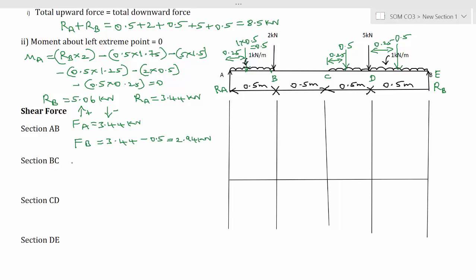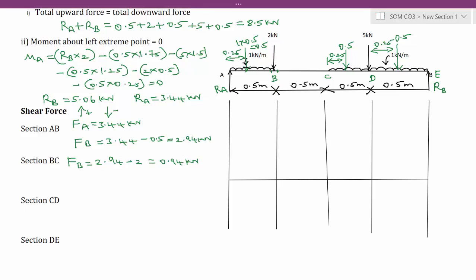Then go to section BC. Here FB is equal to, this FB is just after the point B, that is just after the point load is applied. So here it is 2.94 minus 2 kilonewton acting in the downward direction. So it is 0.94 kilonewton.